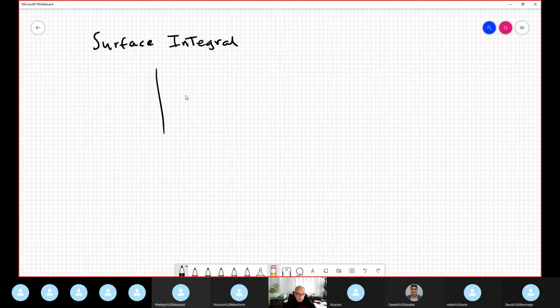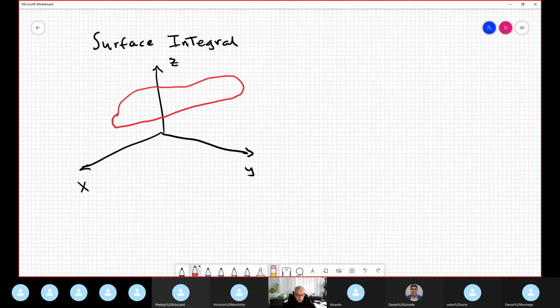Look at that. Definition first. I need to understand what that means. Suppose we have the three axes, x, y, z. We have a surface, like that. I can do the parameterization of the surface.